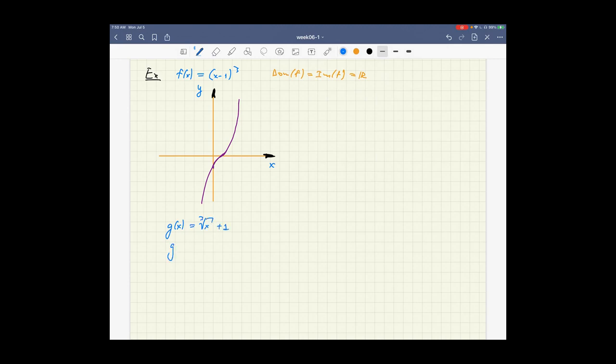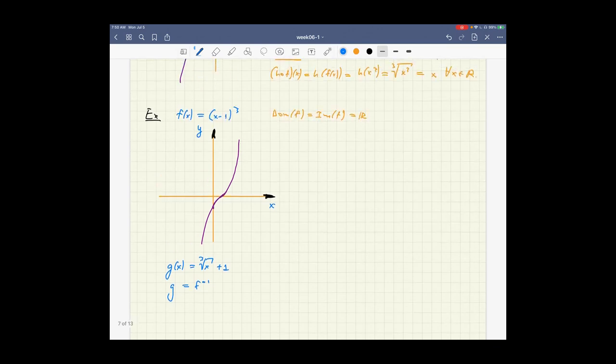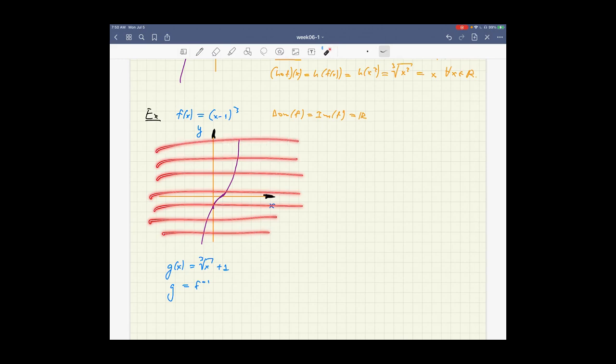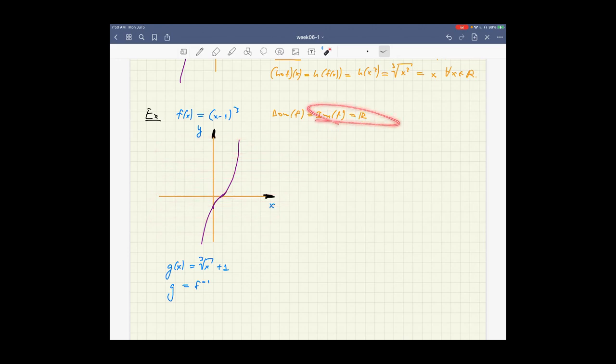And again, the question is if g is f inverse. Well, because g is clearly injective, passes the horizontal line test, and it's surjective, the image is the entire real line, codomain equals image. So it has a unique inverse.